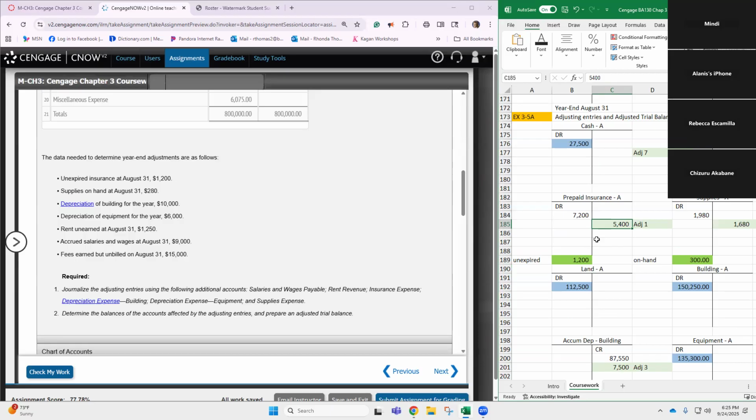Okay, so let me calculate that now. If insurance still has $1,200 in it and it started with $7,200, that'd be $6,000. So down goes prepaid insurance with a credit of 6,000.